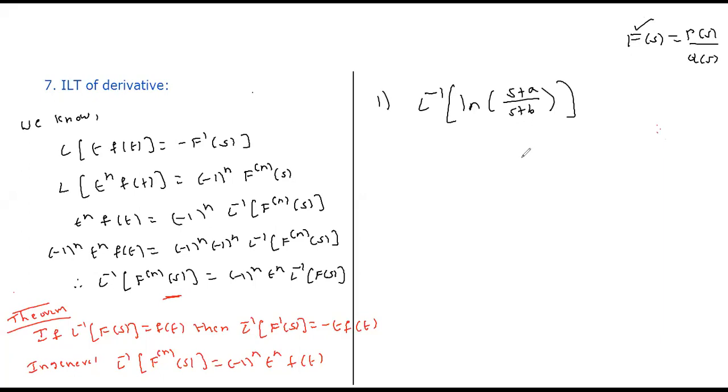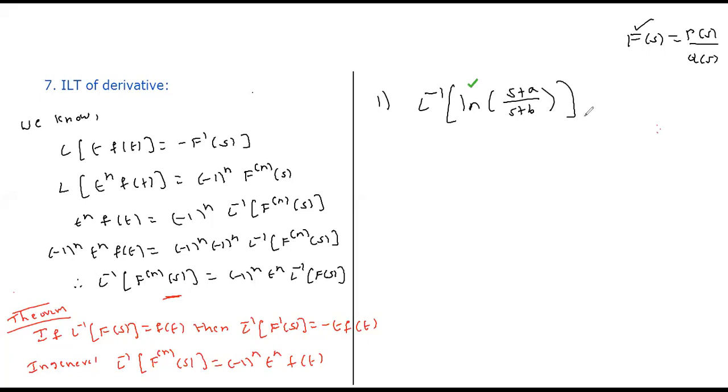Now, for the first time, we are asked to find the inverse transform of a transcendental function. Logarithmic is a transcendental function. It is not in the list of standard inverse Laplace transforms. So how do we do this problem?